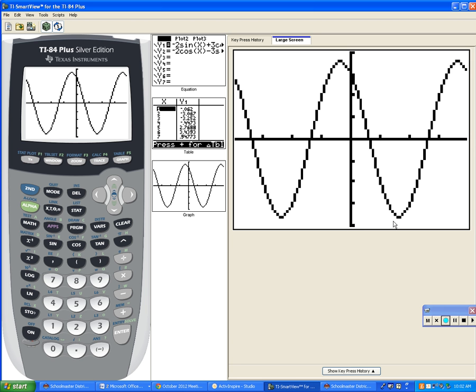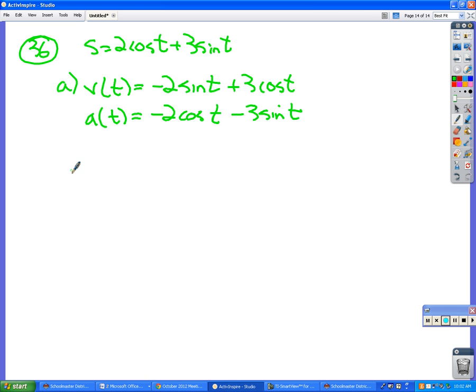It's a minimum, and therefore the acceleration will be 0. The slope of the tangent line is 0. So we need to once again take this acceleration function and set it equal to 0. Okay, and we will cut this short in the interest of time.